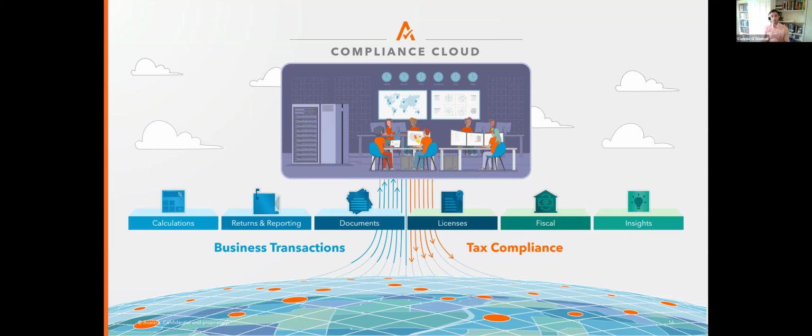And so we'll walk through 4 specific products, but you can see here we have a whole host of different products available for sales and use tax calculations, filing reports, managing your exemption certificates, dealing with business licenses, and then getting into other areas that we have found from feedback from our customers that they want additional support in.